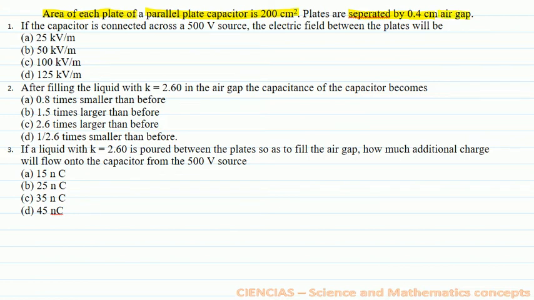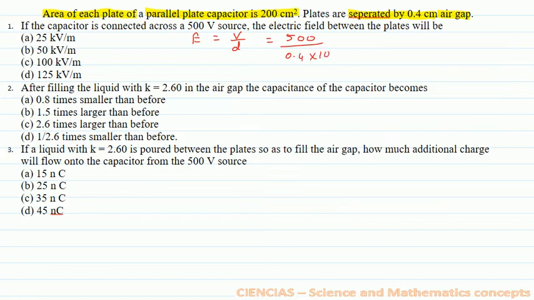Now question 1: if the capacitor is connected across a 500 volt source, the electric field between the plates will be given by. For electric field, the formula is V by D. V is given to us as 500 volt and the value of D is 0.4 centimeter.